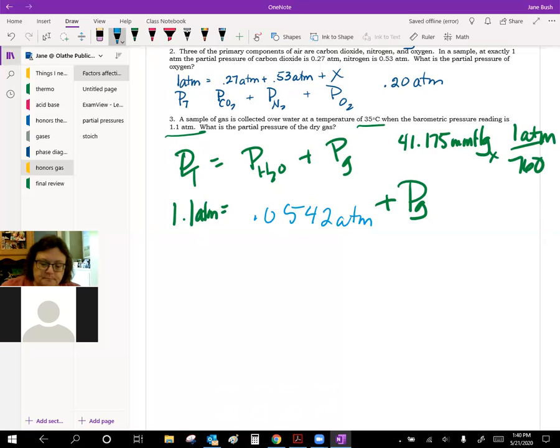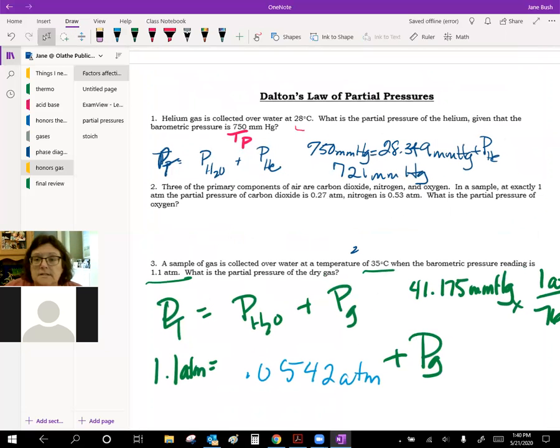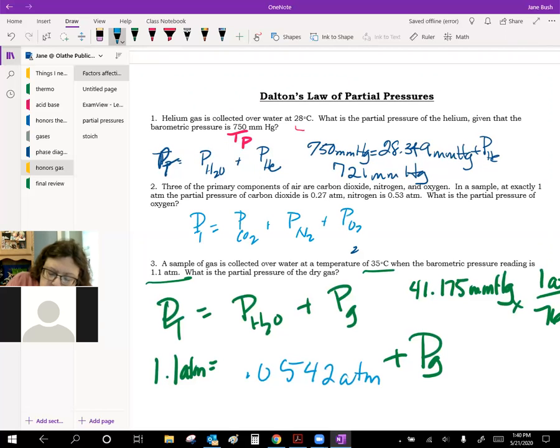The one above it gives you the 3 gases, and it tells you you've got carbon dioxide, nitrogen, and oxygen. So the total pressure is equal to the pressure of the CO2 plus the nitrogen plus the oxygen.